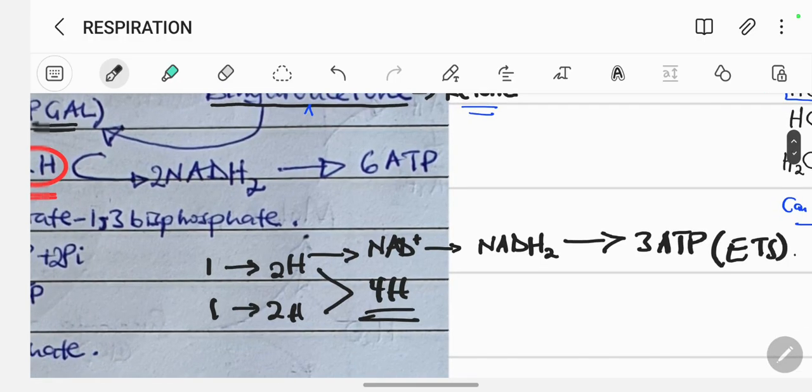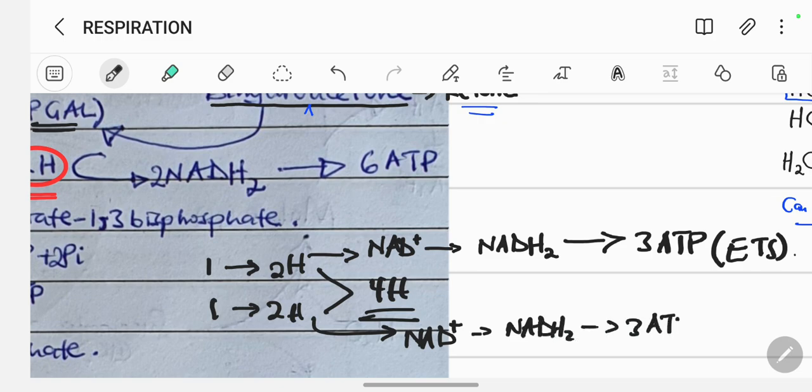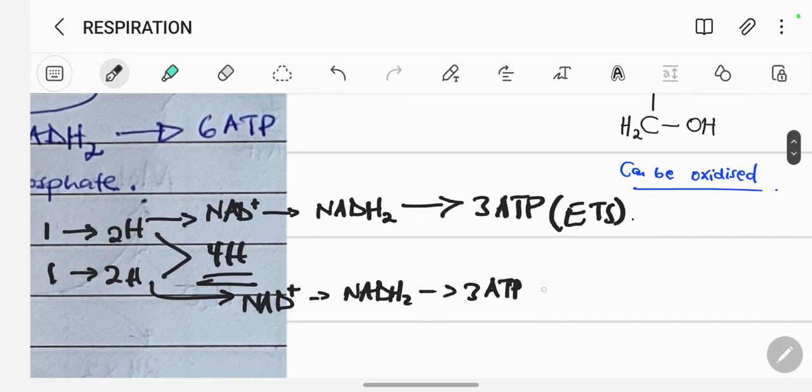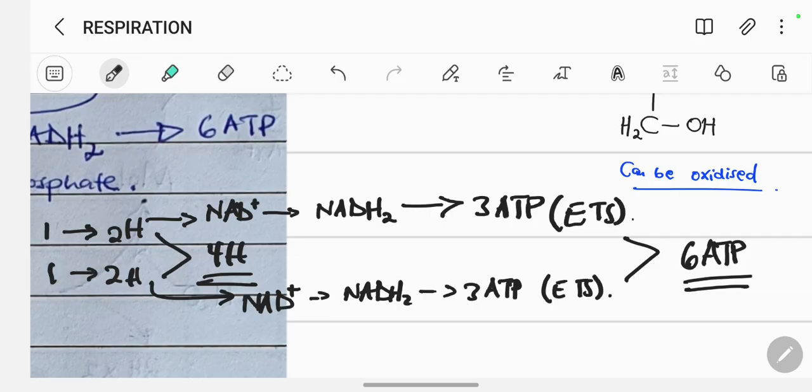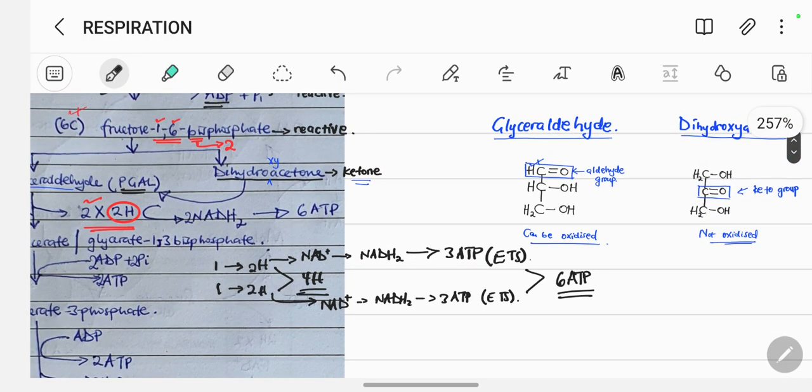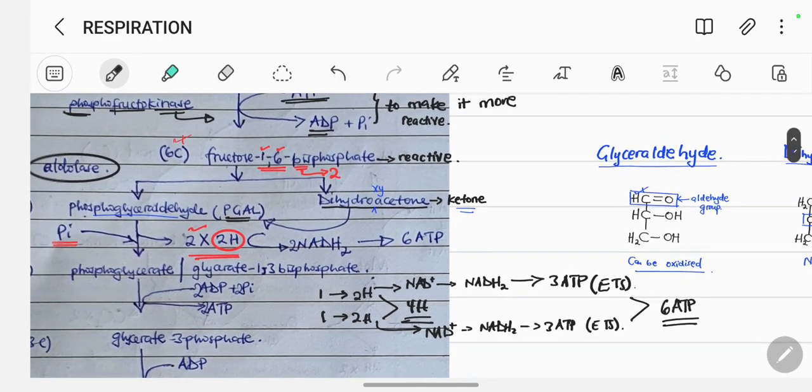It means that if another oxidized NAD comes for that hydrogen there, it's going to be turned to reduced NAD and gives us 3 ATP. So this is in the electron transport system. It means that the overall is 6 ATP produced. Are you seeing that? Just from glycolysis at this point.